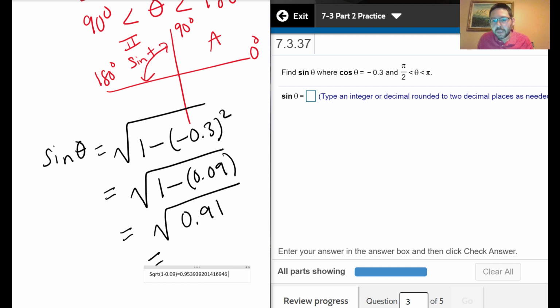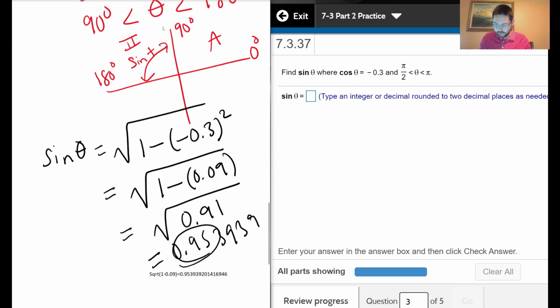Okay, yep. So we got 0.95. Now they want us to type an integer or a decimal to 2 decimal places, right? So that means we're gonna round this to 0.95. I got 0.953939 on the calculator, so round it to 2 decimals, 0.95.